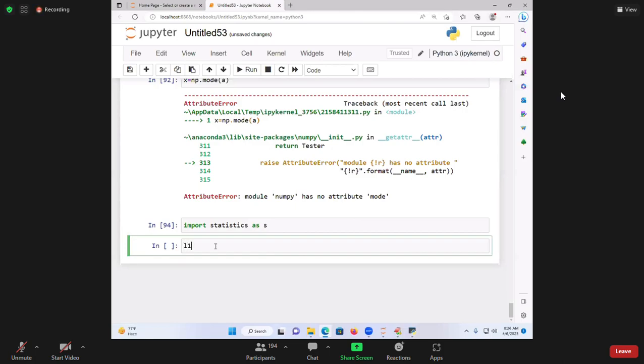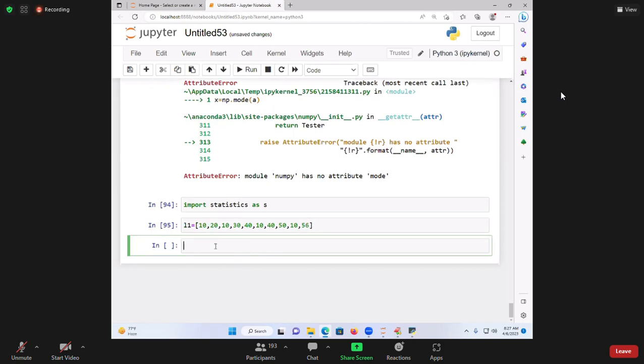Take L1 is equal to 10, 20, 10, 30, 40, 10, 40, 50, 10, and 56. This is my list of students. What is the mode meaning? The frequently repeated element is called mode. How do you find it out?